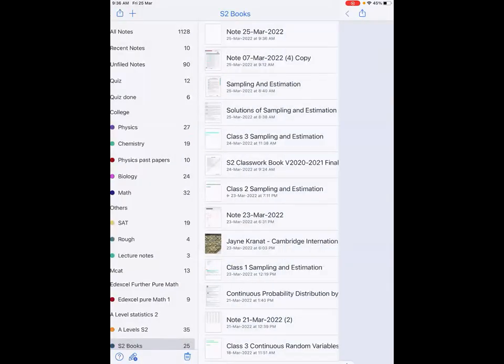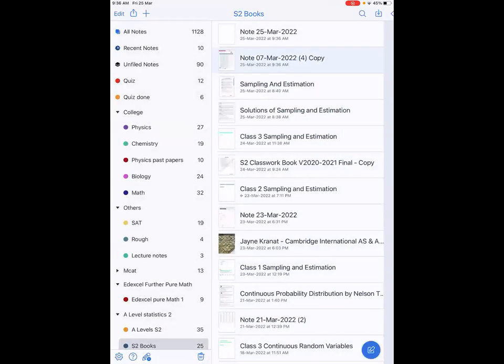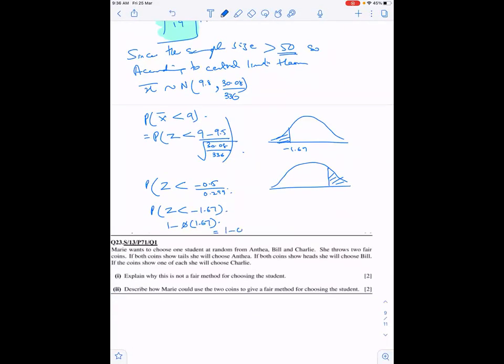So 1.67 you have to read from the normal distribution table. 1.67 gives 0.9525. It is actually 1 minus 0.9525, so that is 0.0475. This is the answer. Yes.